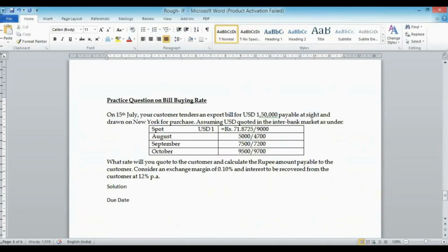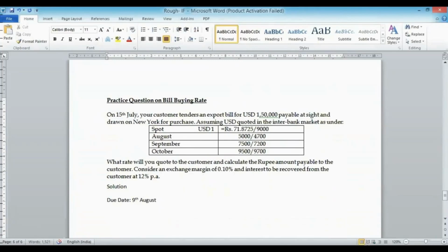Due date for which they are asking. So from 15th July, we have to add 25 days. July has 31 days. That means 16 days of July and remaining 9 days of August. That means the due date will come to 9th August.